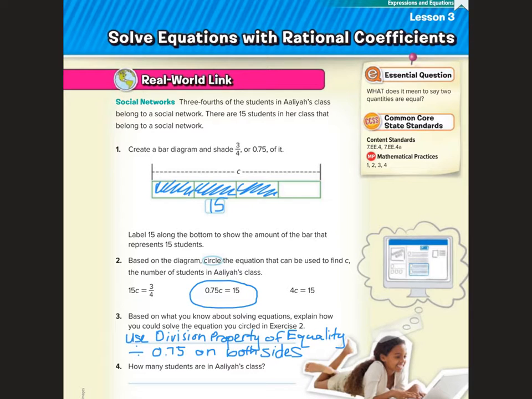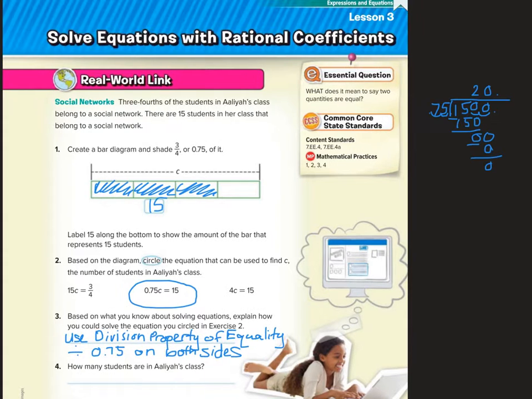This means that we'll divide 75/100 from both sides of the equation. So how many students are in Aaliyah's class? Let's use long division on the side to solve. 75/100 goes into 15 20 times. So there are 20 students in Aaliyah's class.